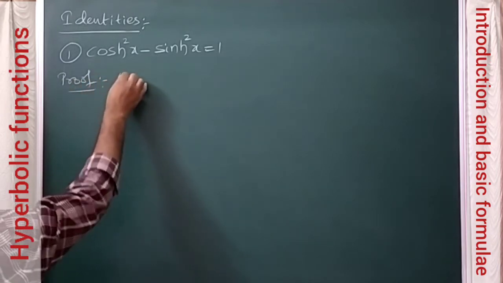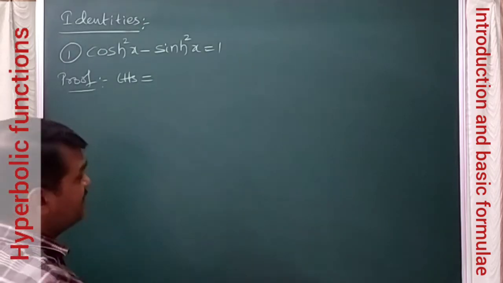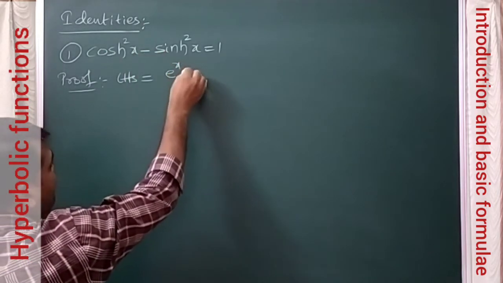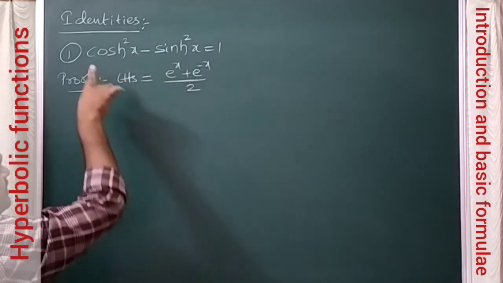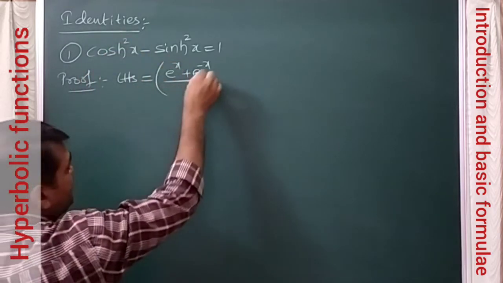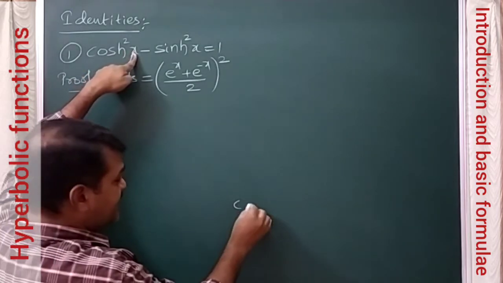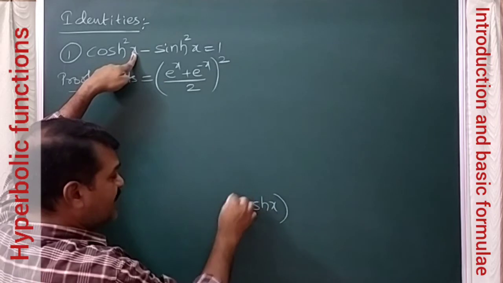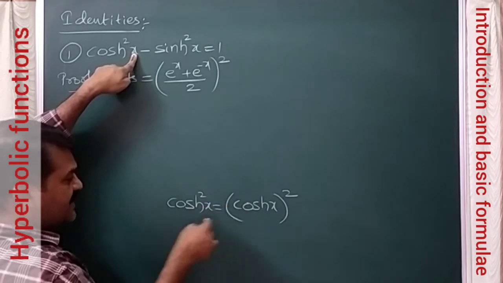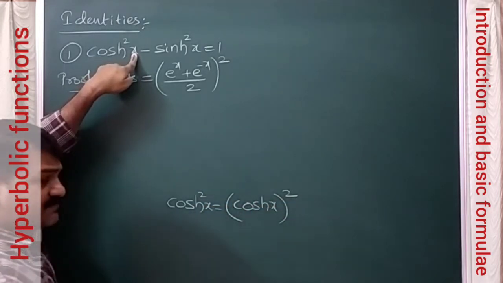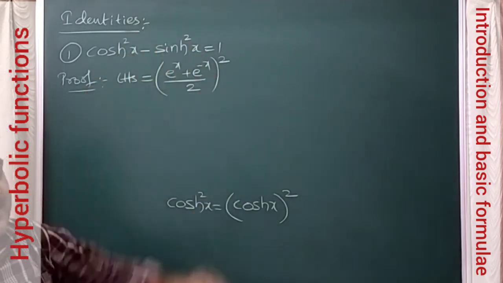So take the LHS. We have discussed formulas for cosh x and sinh x. The cosh x formula is e power x plus e power minus x by 2. Cosh squared x is the same as cosh x whole squared, so I wrote the cosh x formula and whole square for that.